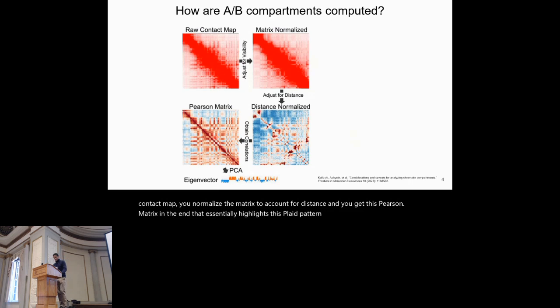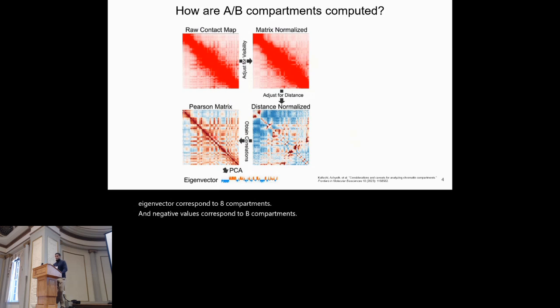And using this Pearson correlation matrix, we can apply PCA and obtain eigenvectors. Usually we use the first or second eigenvector. And using that eigenvector, we can then binarize it to label loci as either A or B. The way we do that is typically positive values in the eigenvector correspond to A compartments, and negative values correspond to B compartments.